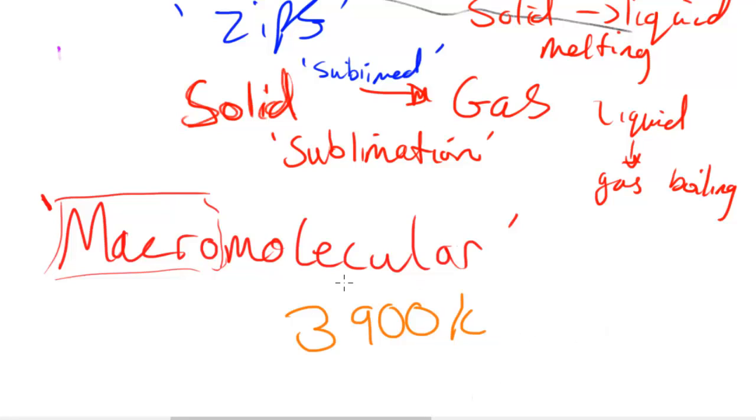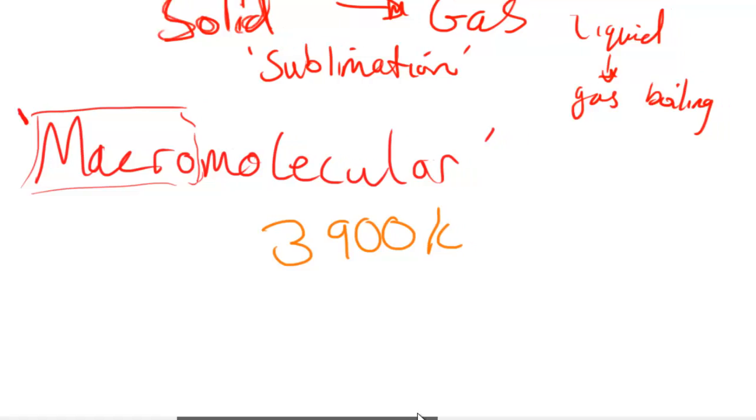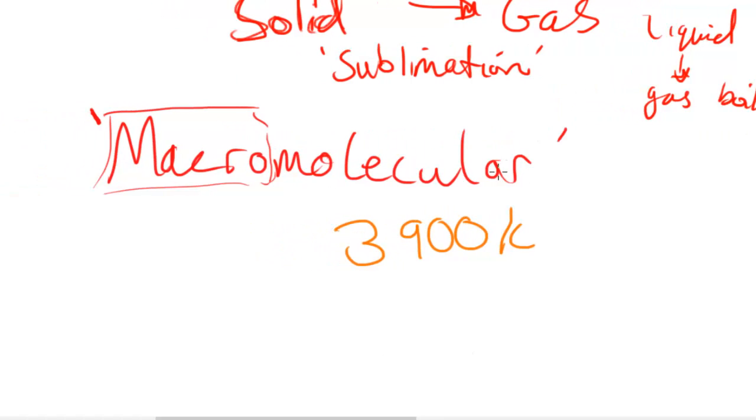So this temperature which we can see here is somewhere around, I don't know, like 3,500 degrees or something. So anyway, it's got a high melting point.